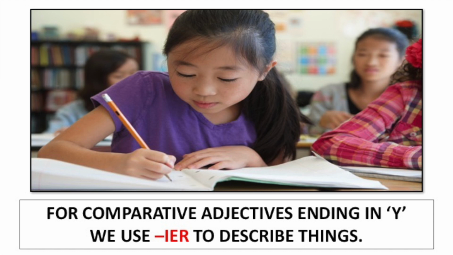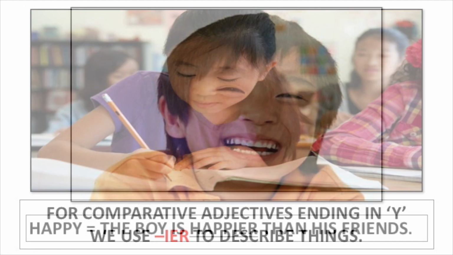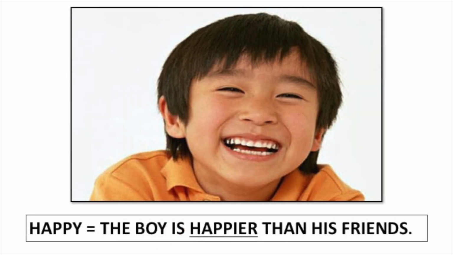Delete the Y and then add our other letters. Like for comparative adjectives, IER. Example, the adjective happy. When we use the comparative, the boy is happier than his friends.